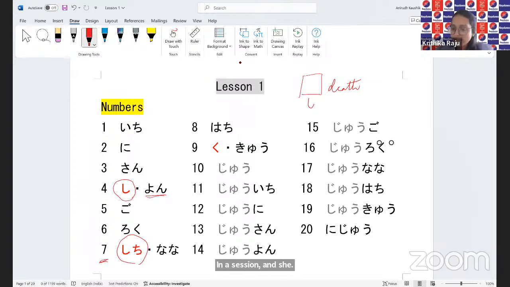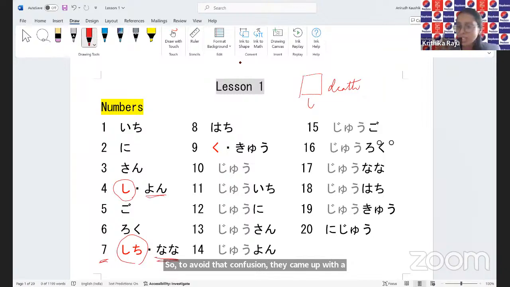So to avoid confusion, if somebody says, please come at shichi ji, that is 7 o'clock, then you should not land up at 1 o'clock. So to avoid that confusion, they came up with a completely different sound again, which is nana.